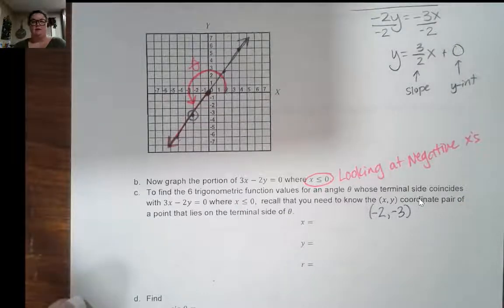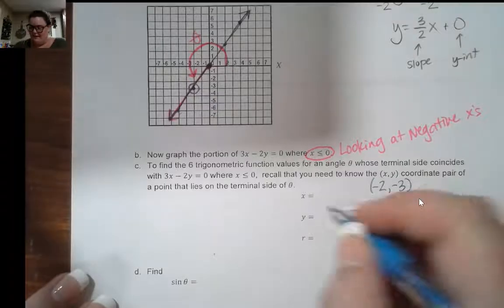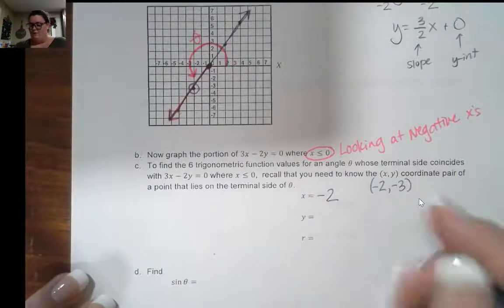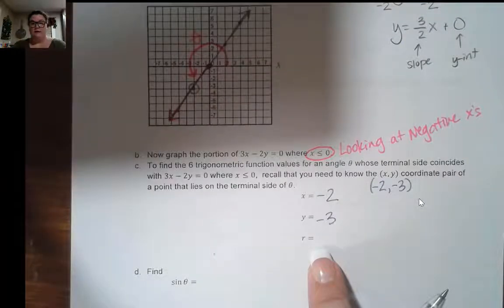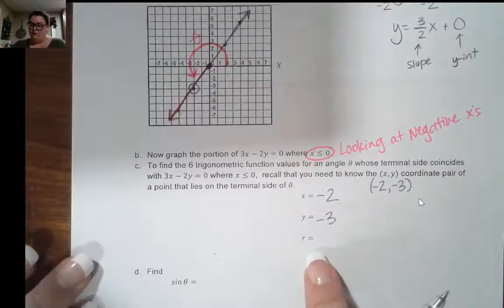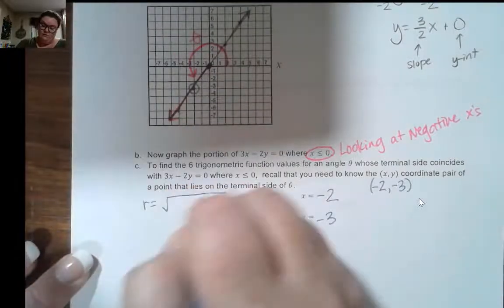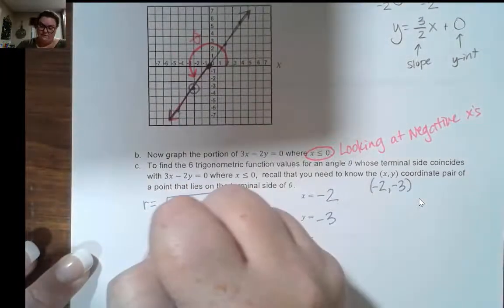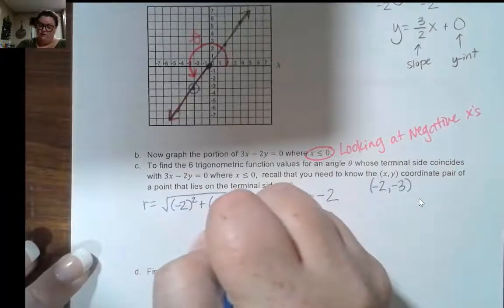Okay. So that's pretty good. I'm over halfway there, right? I know that my x is negative 2. I know that my y is negative 3. And now I just have to figure out my r, right? So in order to find my r, remember r can be found by taking the square root of our x value squared and our y value squared.